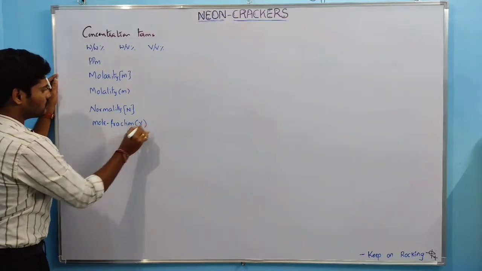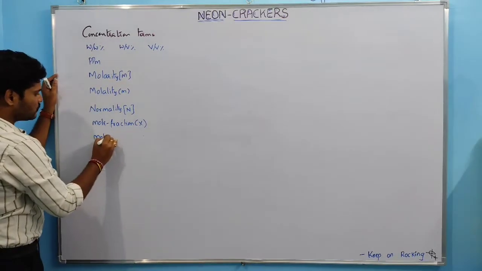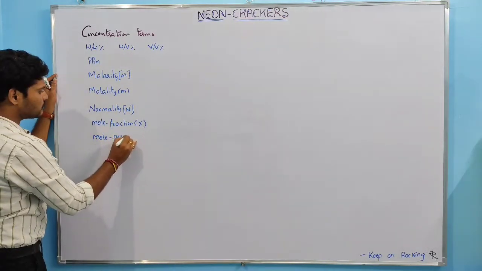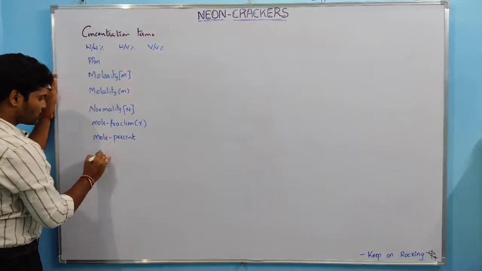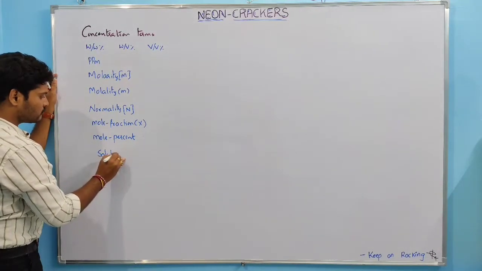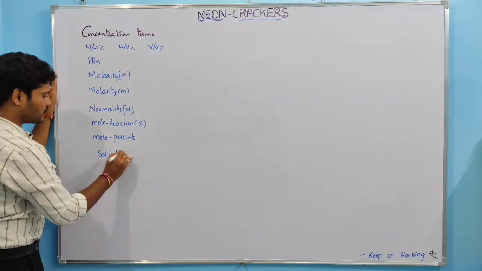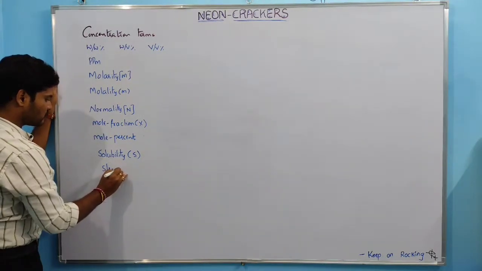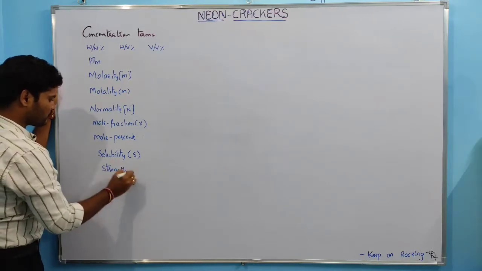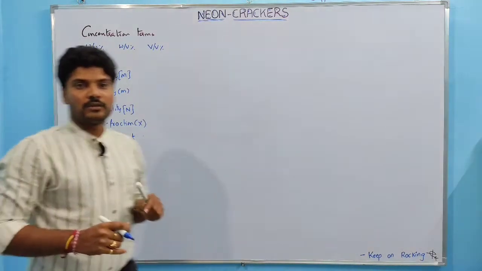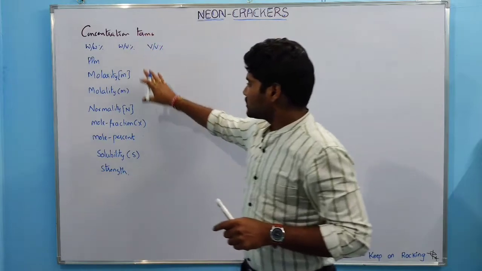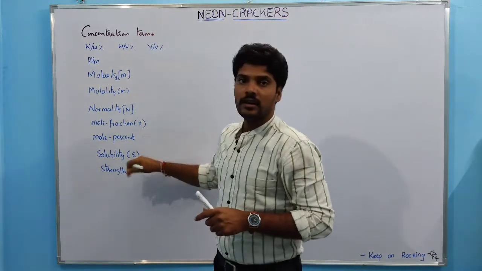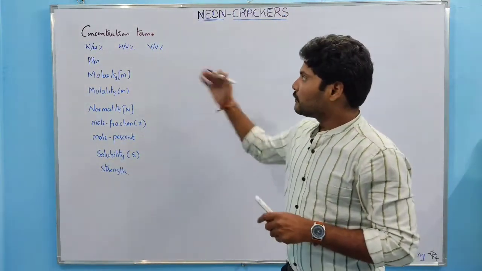The next one is mole percent. Then solubility of the solute, and strength of the solute. So these are the common important concentration terms which may be used in further studies. Let's see them one by one.